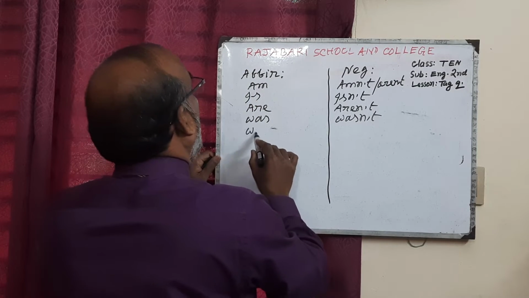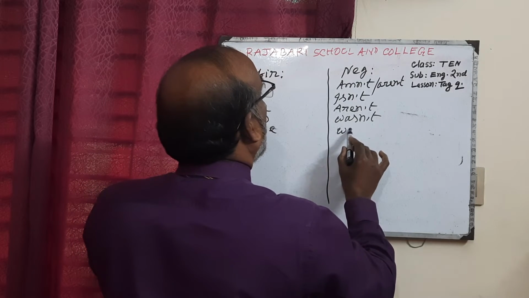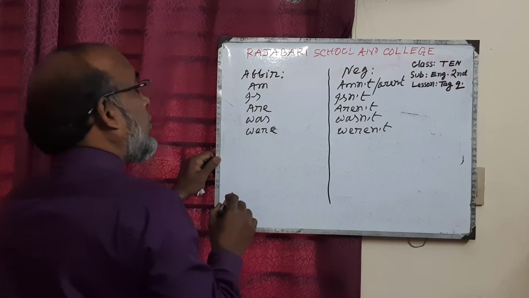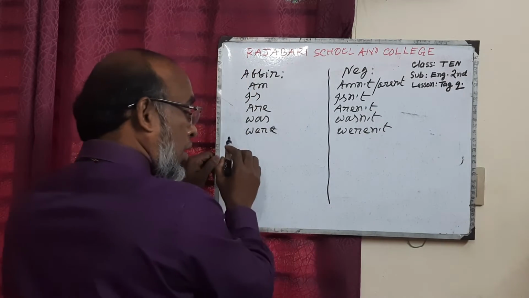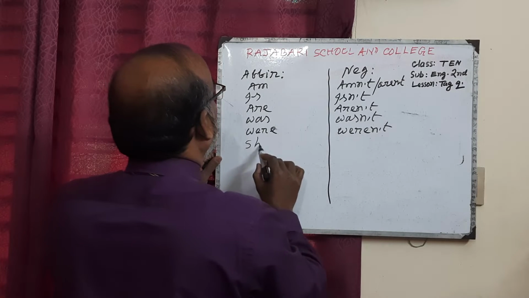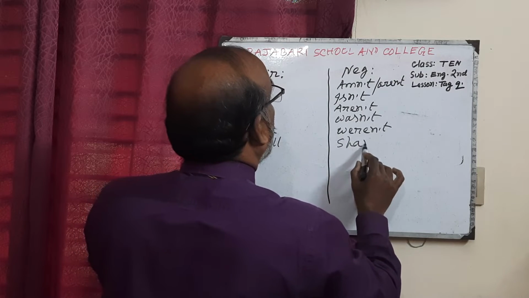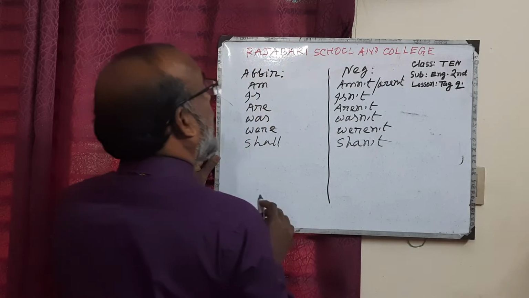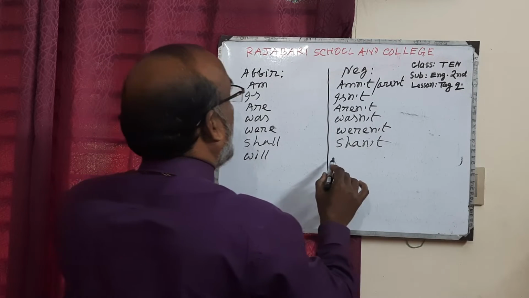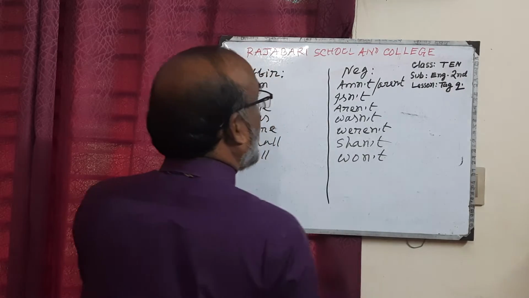Were will be weren't. Shall will be shan't. Will be won't.